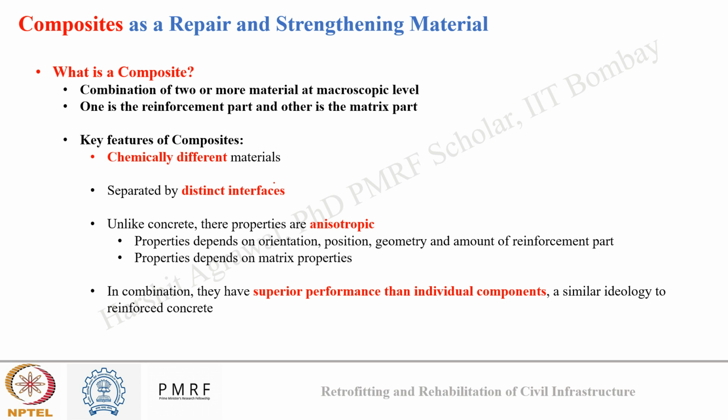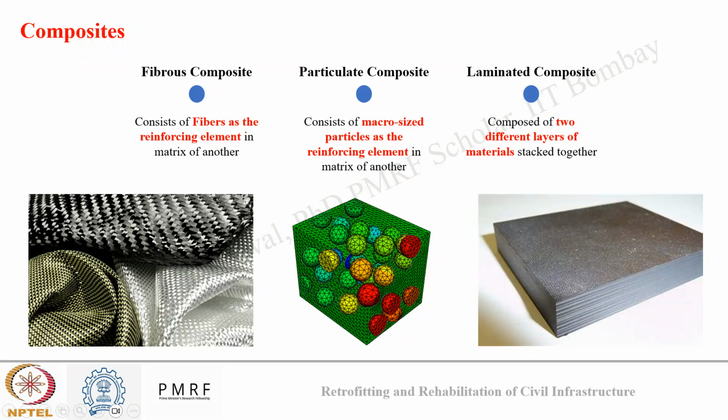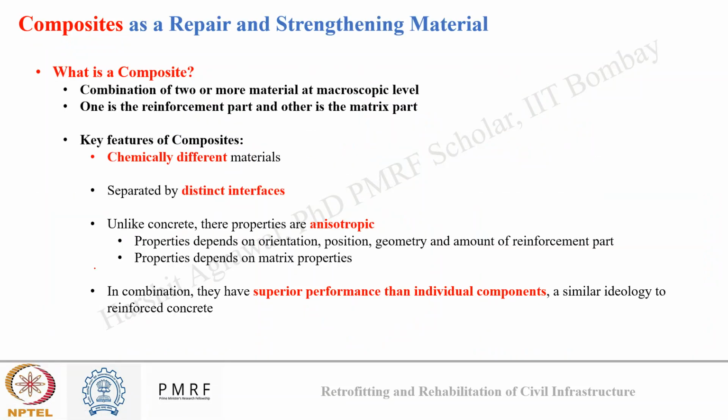So what are the key features of composites? Both the reinforcement part and the matrix part are different from each other. They are chemically different. They are separated by a distinct interface, and unlike concrete, their properties are anisotropic, so they can vary in all directions. They depend mainly upon the orientation of the reinforcement part.